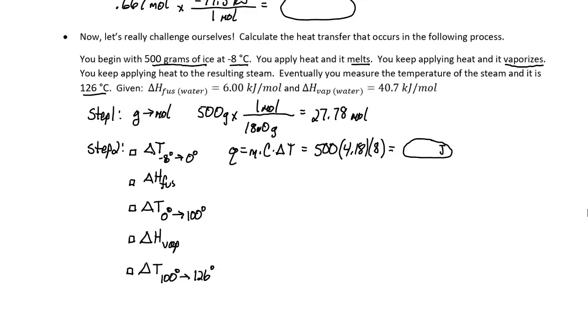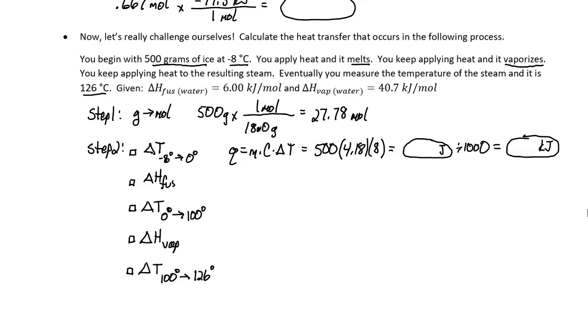And that's going to be in joules. Now, 2 of the stages involved phase changes. And when we do the work for that, we're going to end up with kilojoules. So we want everything to be in kilojoules. So you need to take your answer you just got for joules, divide that by 1,000 to get the answer in kilojoules.